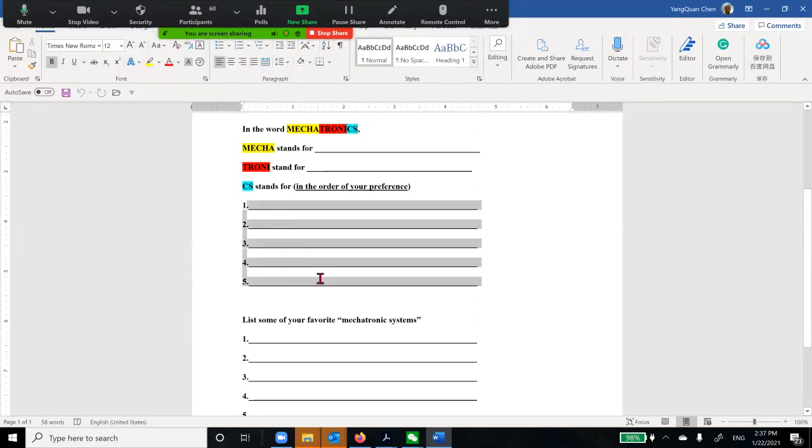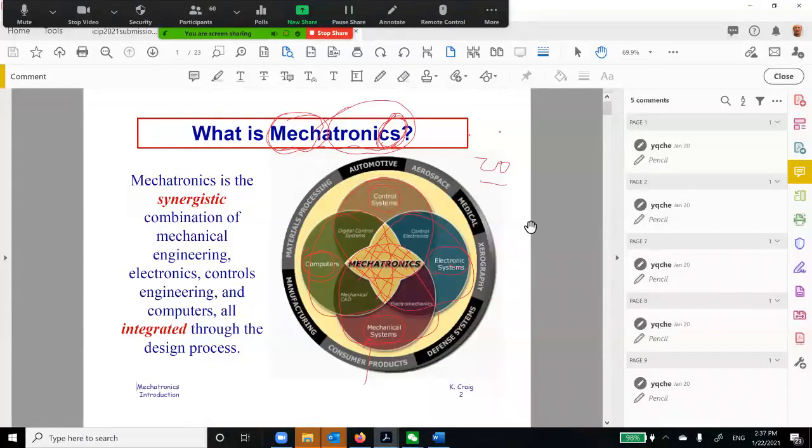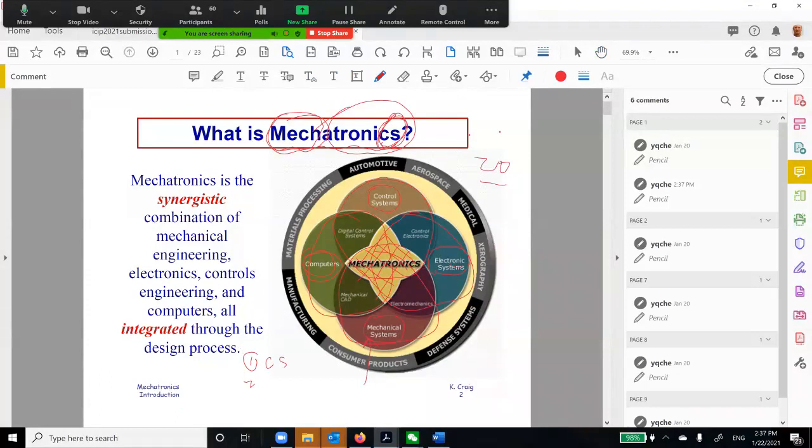I'm going to throw out some of the other CS. First of all, the first CS is control system. The second CS is computer system. What is the third CS?